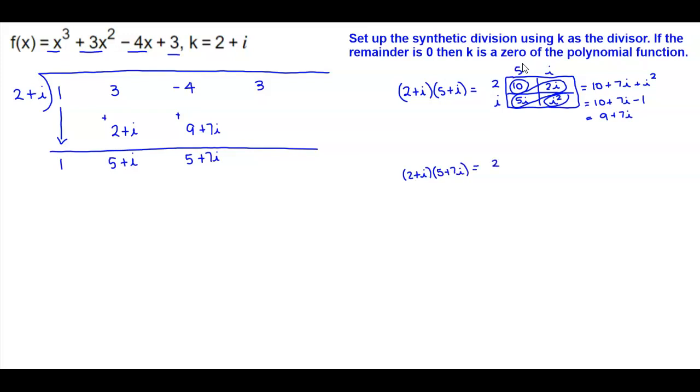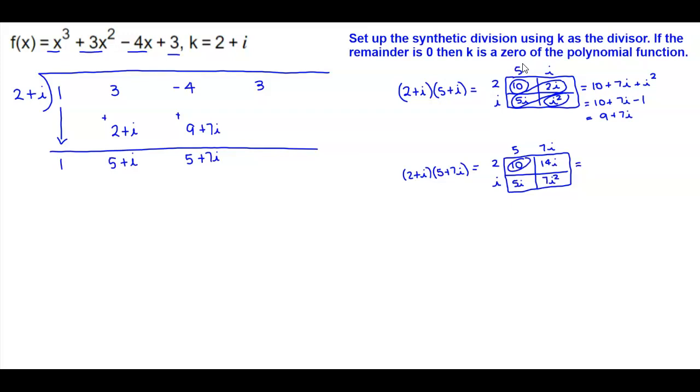So again, 2 times 5 is 10. 2 times 7i is 14i. i times 5 is 5i. And i times 7i is 7i squared.